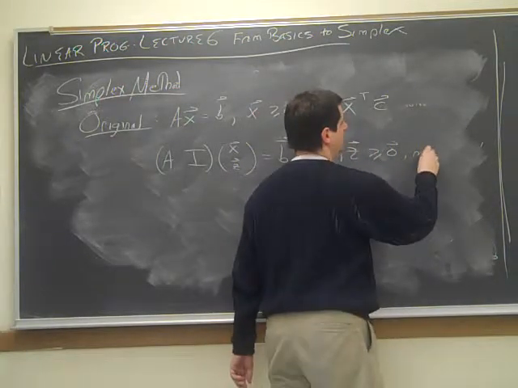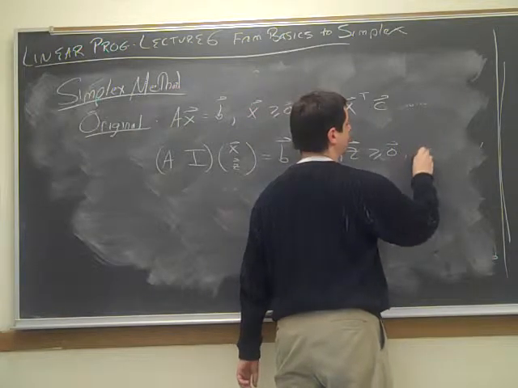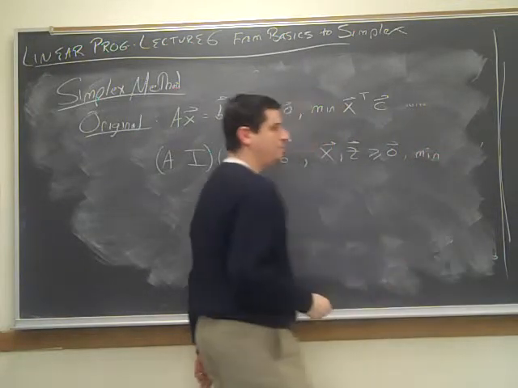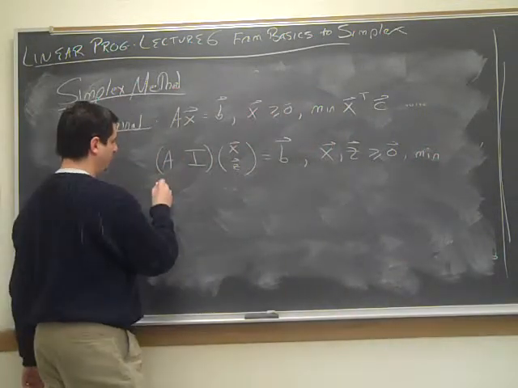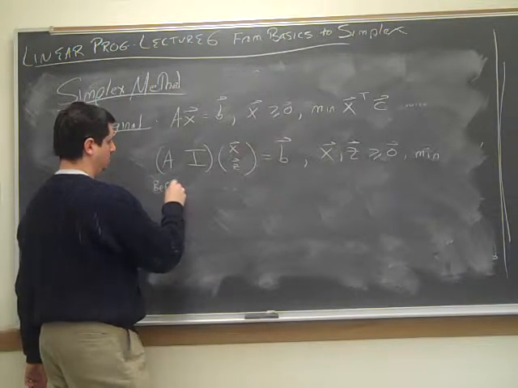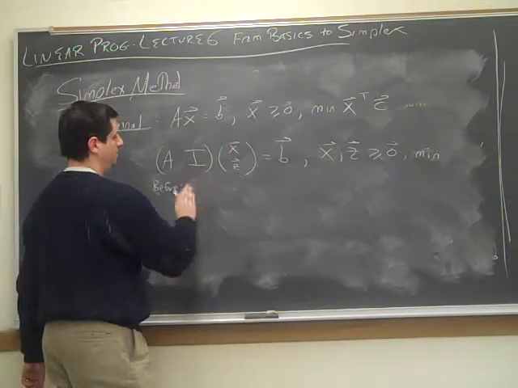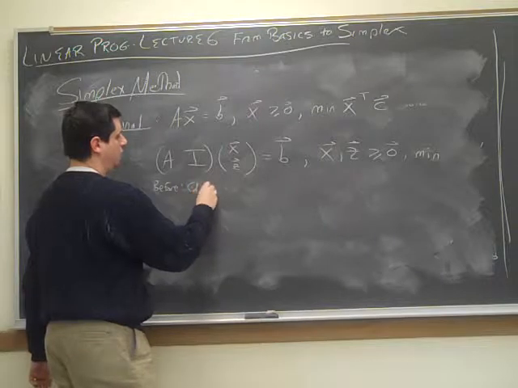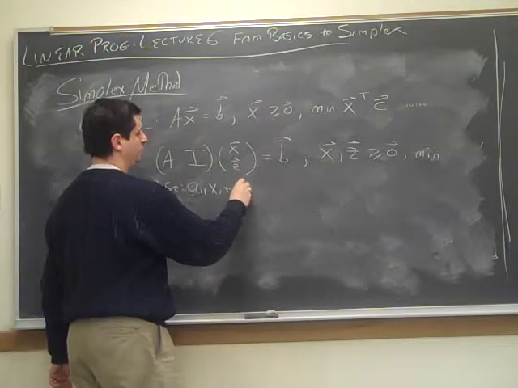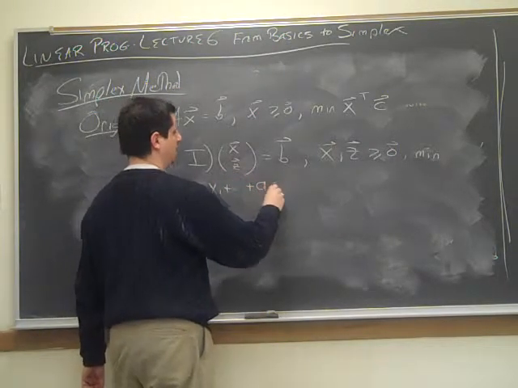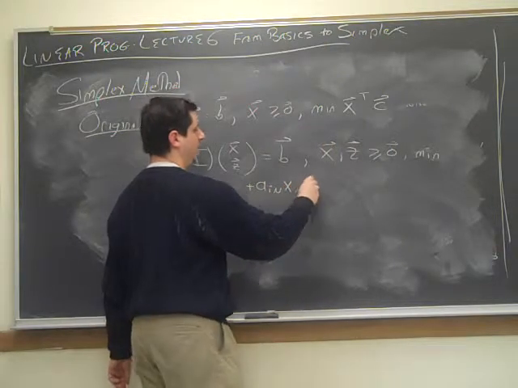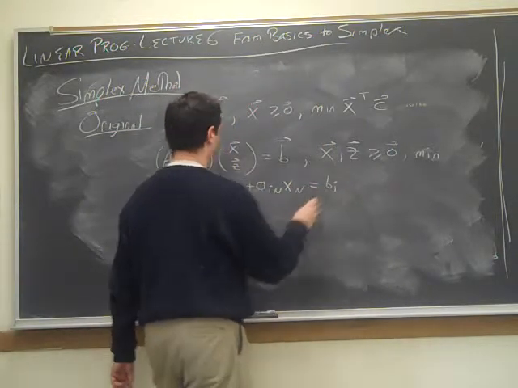And now, in a moment, I'm going to have to tell you what we're going to minimize. But what we're doing here is, before, we had a_i1 x1 plus dot dot plus a_in xn equal b_i.